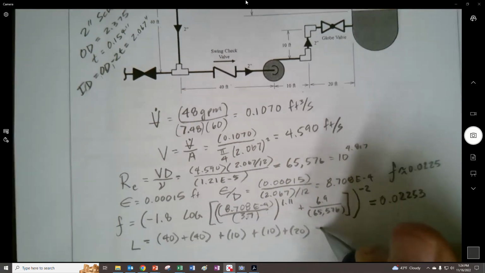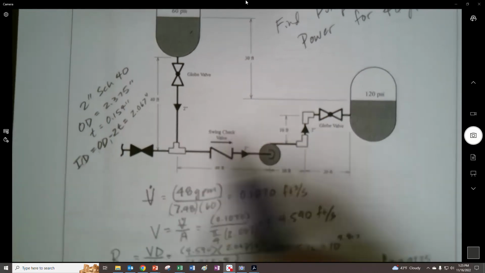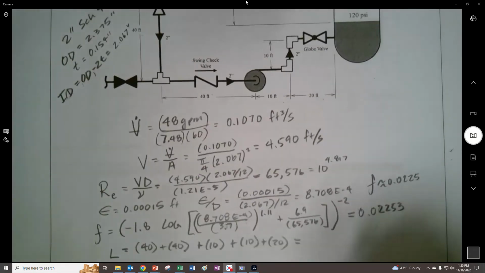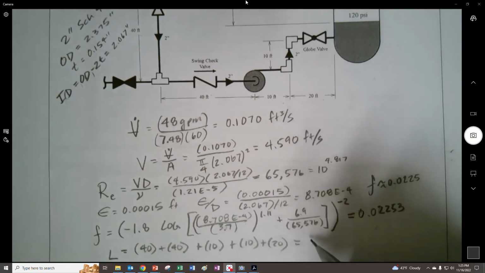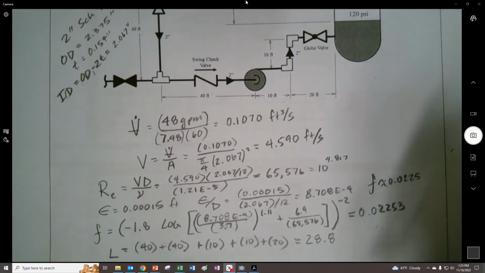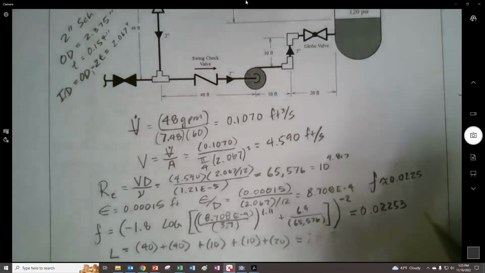Right? And we don't care that these fittings or valves and stuff like that would steal away from there. We could. Maybe it'll make it ever so slightly more accurate if we're trying for that. But 28.8, that's not true. Sorry, it's 120 feet. Looking at the wrong line. It's 120 feet.